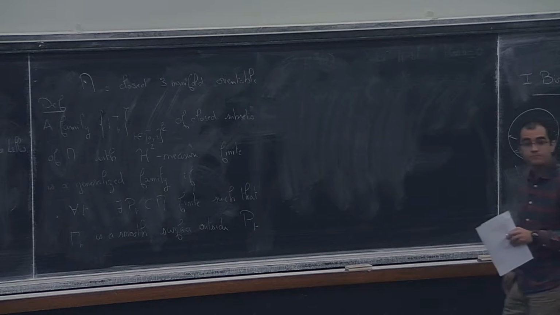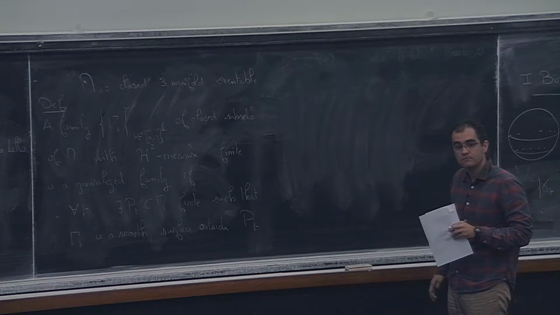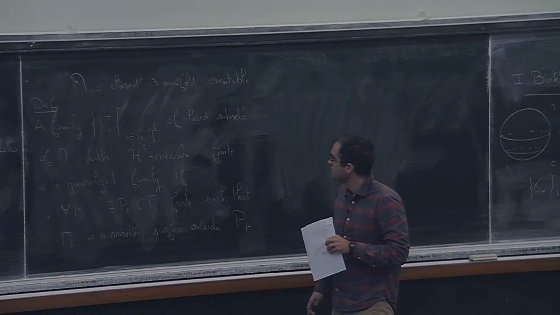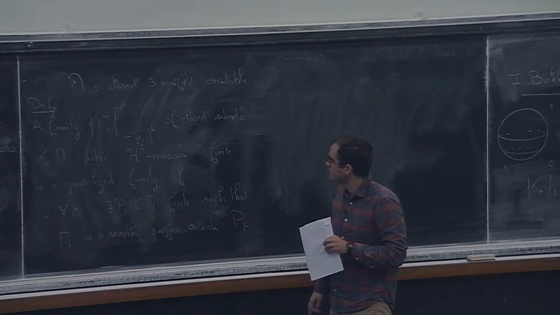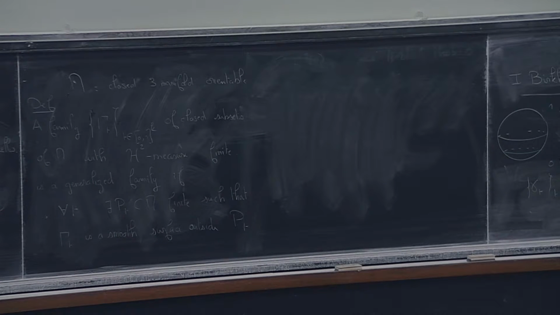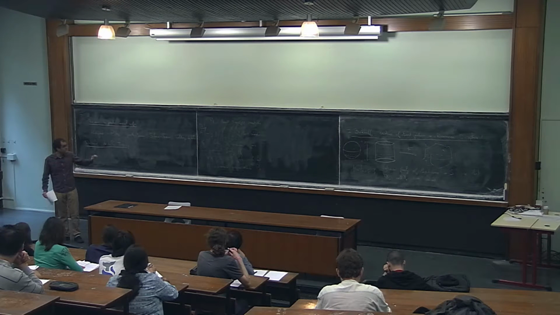Do you need the family's measure to be bounded? I'm not so sure I understand the question. In fact, you say the Hausdorff measure is finite for any t. For any t, the measure is finite.